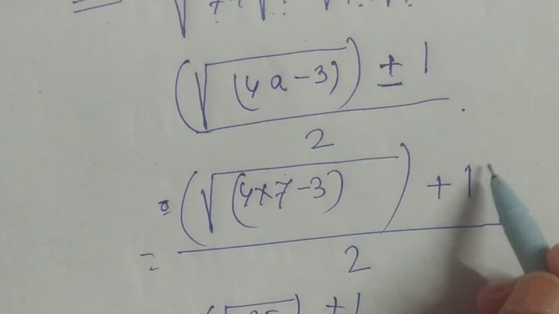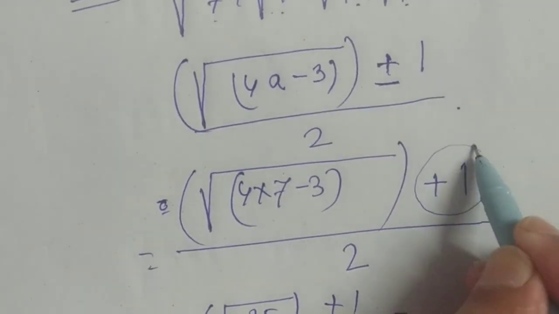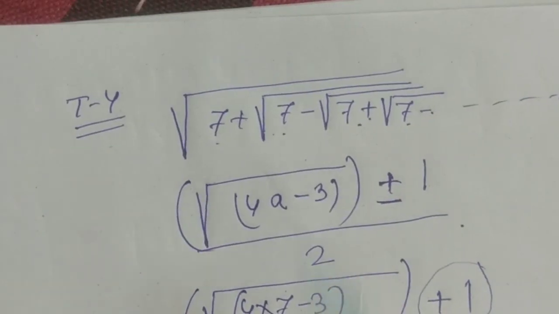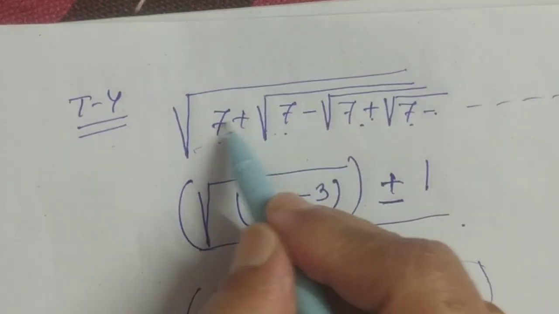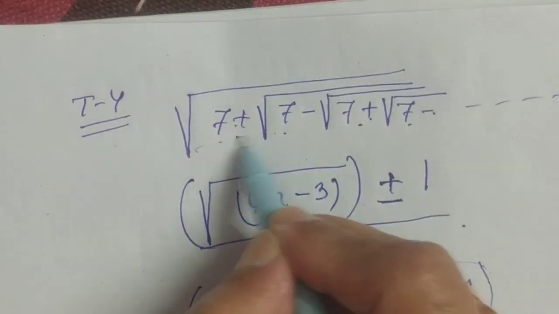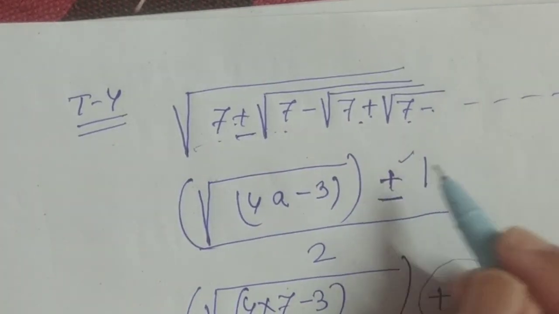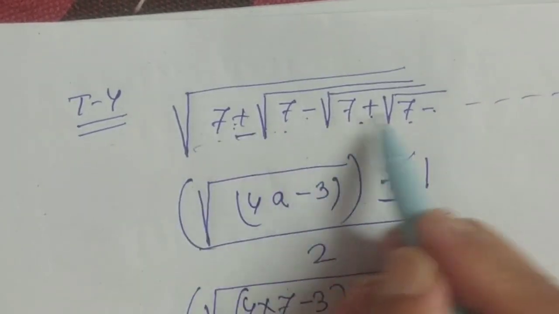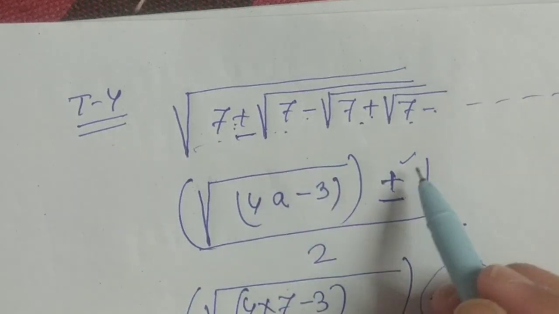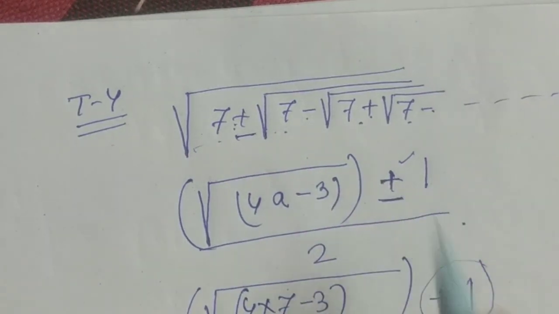So we have taken positive 1 here. Why? Because if the sign in the question starts with positive, then you take positive 1.